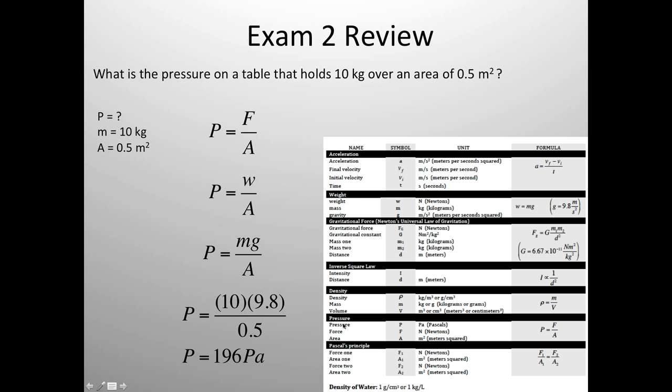Now remember that on your equation sheet, we give you all of your units. So even if you don't remember the units for pressure, you could always go to the pressure equation, and right next to it, you have the symbol, and that's what is in the equation. That's the P. But then the unit is in this third column here, and you can see it's Pa, or pascals.